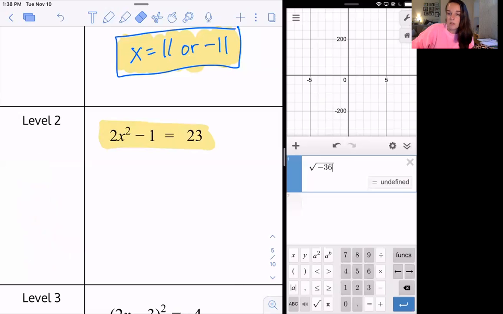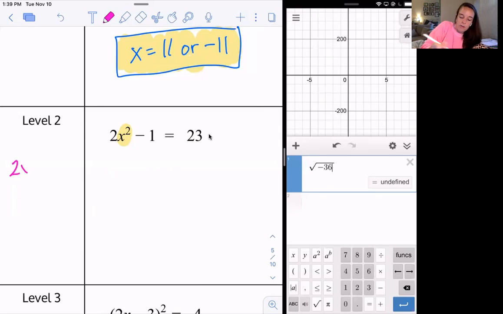Awesome. All right, cool. Okay, so for this one, I see that we have x squared here. I need to get rid of the times 2 and the -1. What can I do in order to get x squared by itself? I could divide by 2.